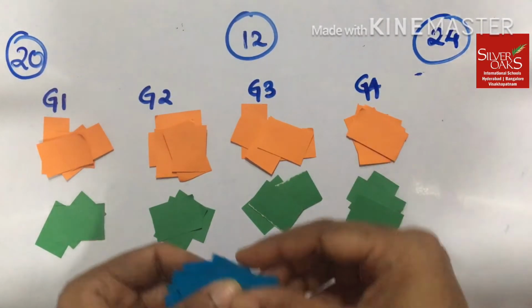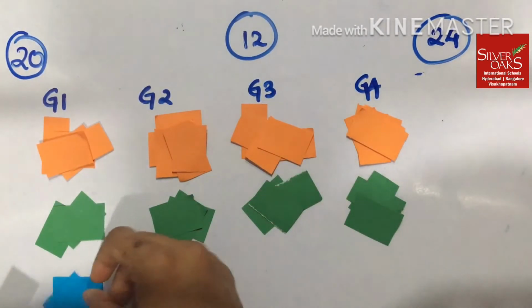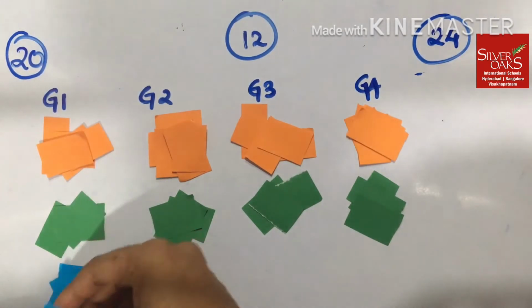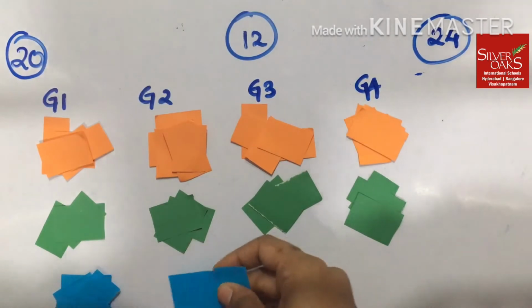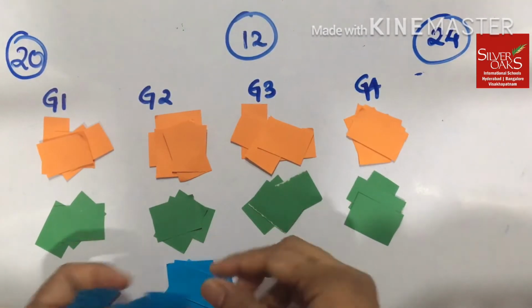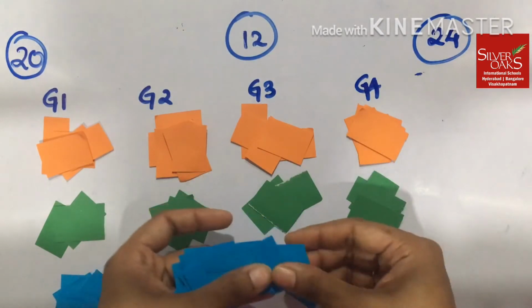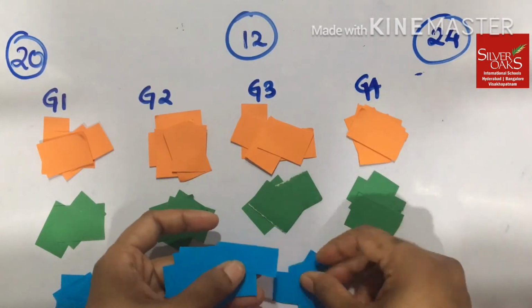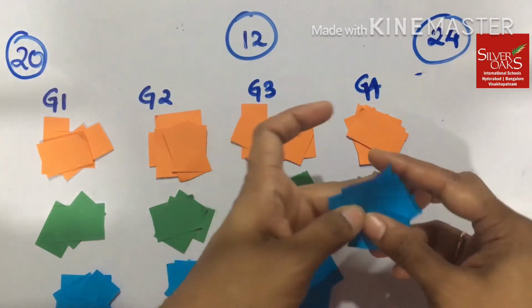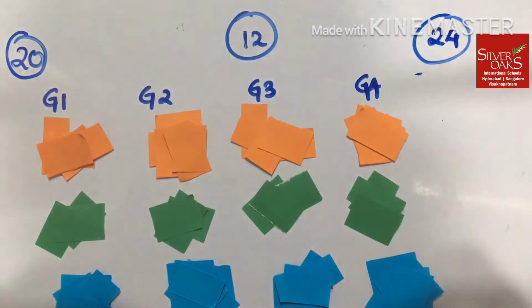We know that 4 6s is 24, so each of the groups is going to get 6 blue color papers. 1, 2, 3, 4, 5, 6, and then 1, 2, 3, 4, 5, 6, and the last 6 I can give it to the last group.